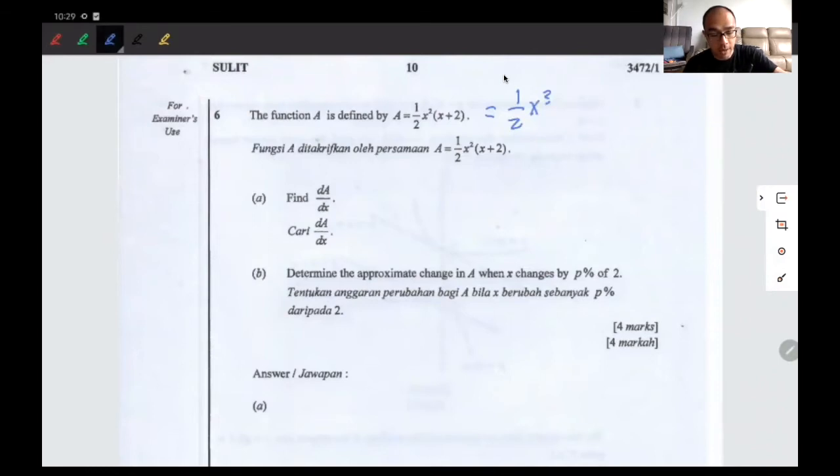Half x cubed times x is half x to the power 4, sorry, this should be 1 over 2 x cubed. Half x cubed, then half x times 2 will be x squared.